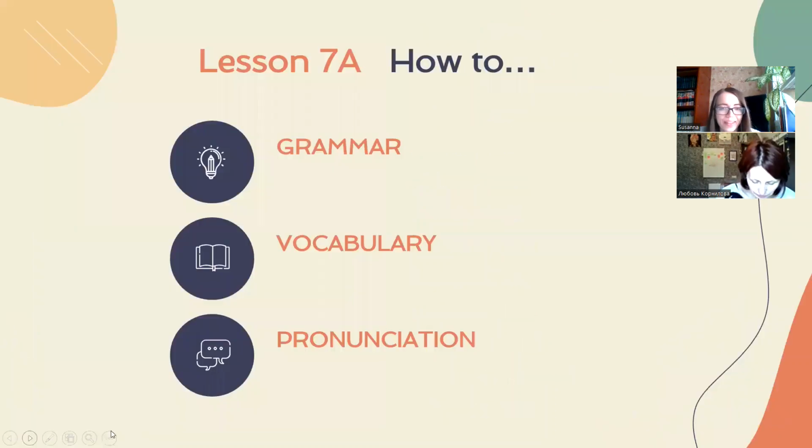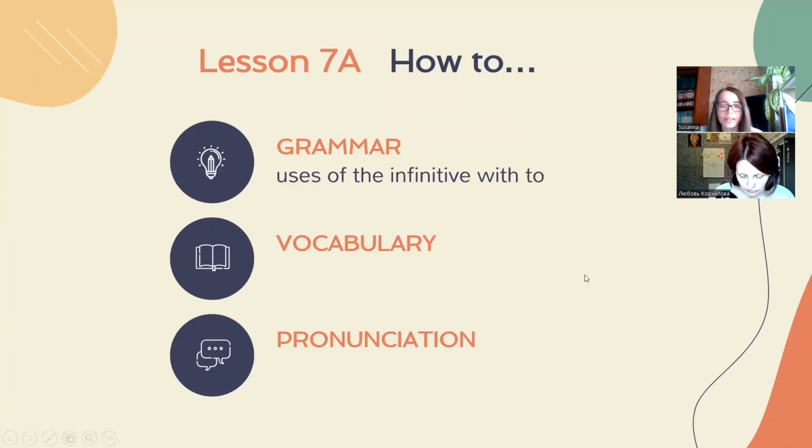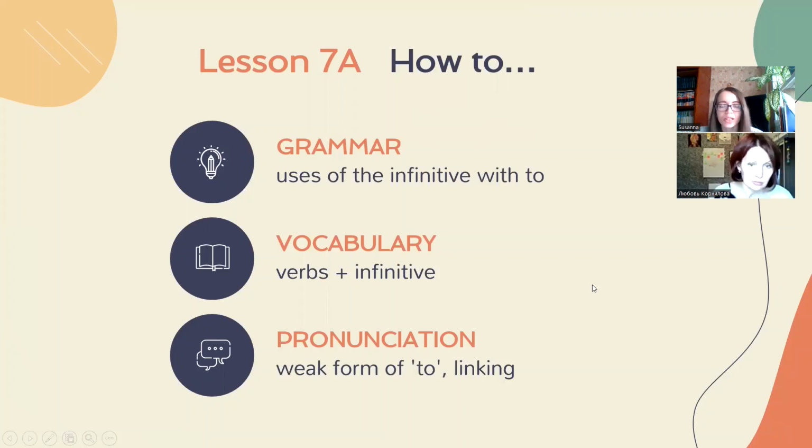Well done. Okay, today we will start a new lesson, lesson 7a, that is called How to. We will focus on three aspects, as usual: grammar, vocabulary, and pronunciation.